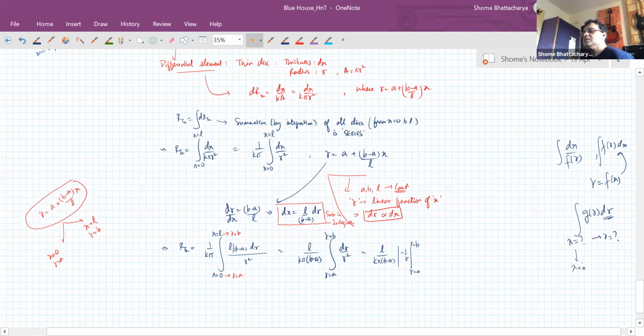Whatever the value of x initially corresponds to some initial value of r, and whatever the value of x finally corresponds to some final value of r. So when we change the variable of integration from x to r, accordingly we have to change the limits.